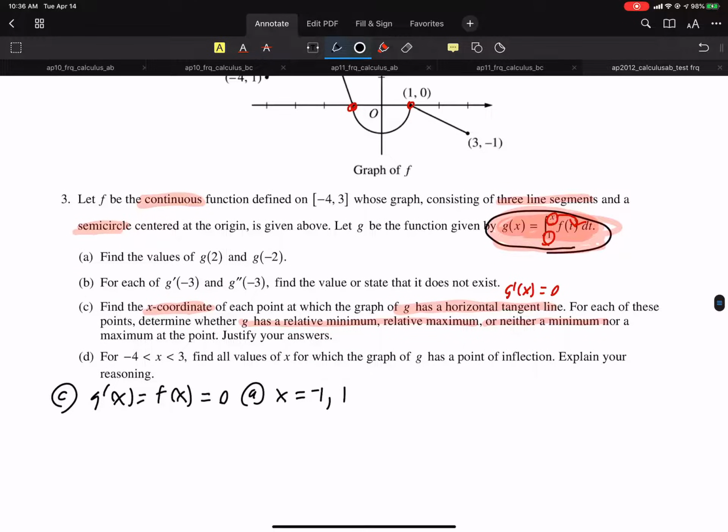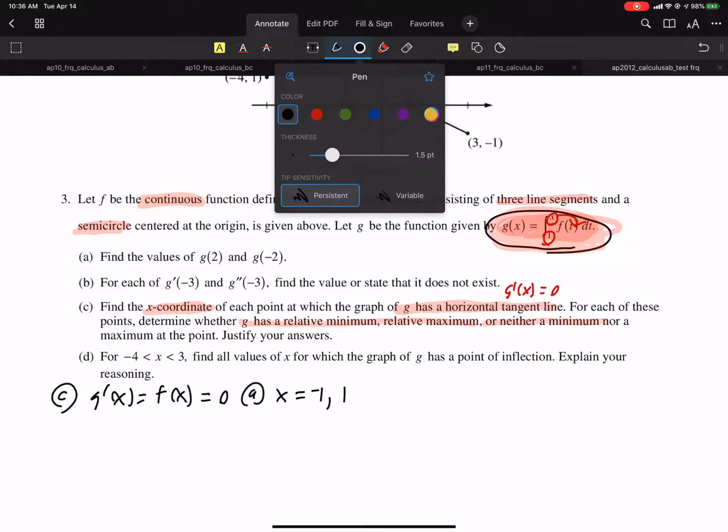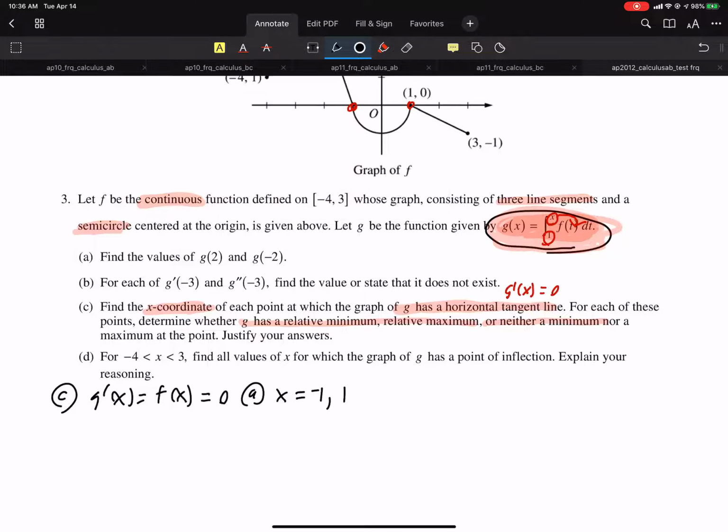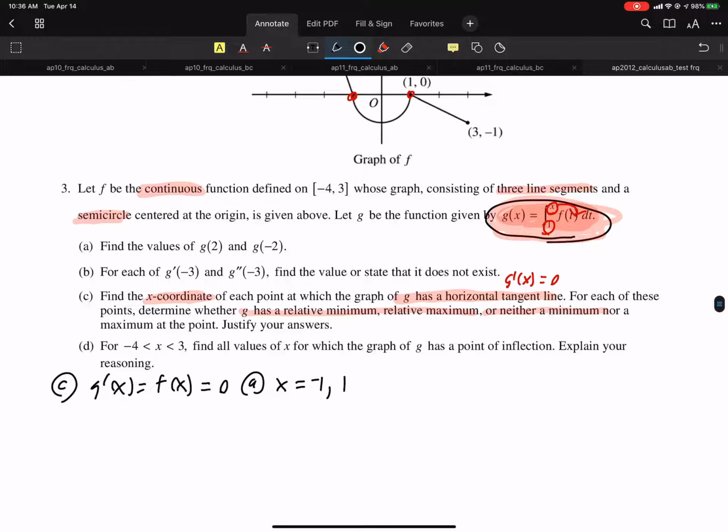So to determine whether it's a relative max or min, you have to see what the derivative does. We need to check what happens to g prime.